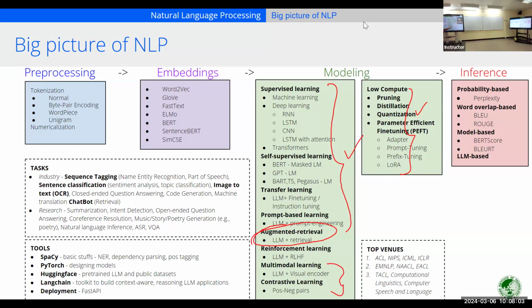I am not sure we have a lecture on reinforcement learning, but I will try to ask Gun to maybe teach about reinforcement learning. You think you can? Oh, so you combine with instruction tuning, right? Okay, good. So those will be there. So in that way, I think you already understand the whole landscape of NLP.